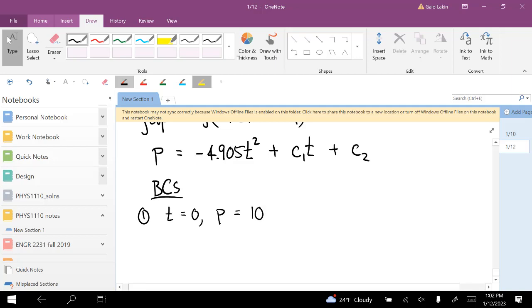So plug these into the function that we have right above, and you get 10 is equal to negative 4.905 times 0 squared plus C1 times 0 plus C2.